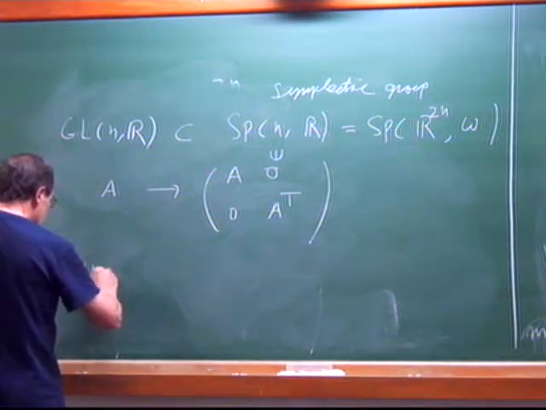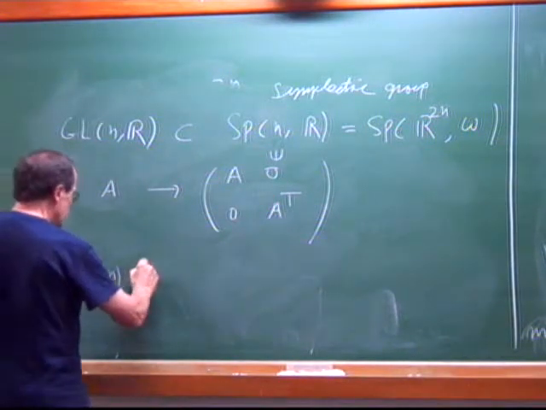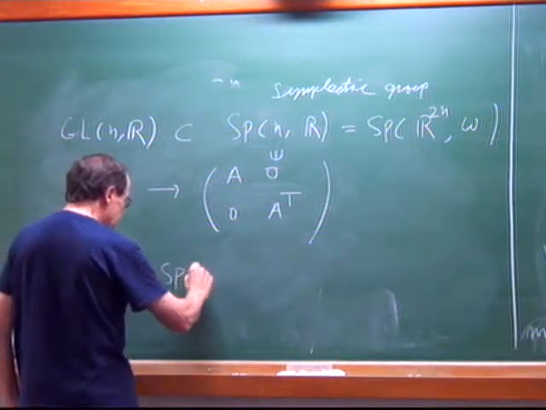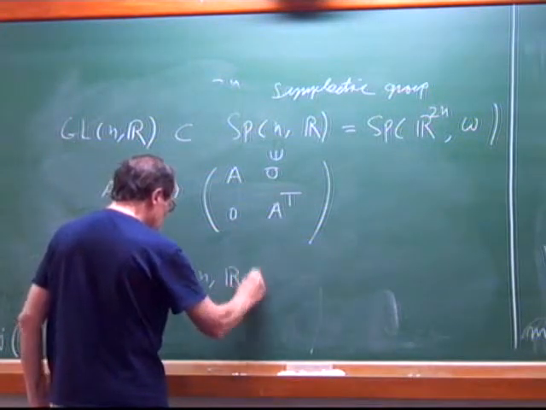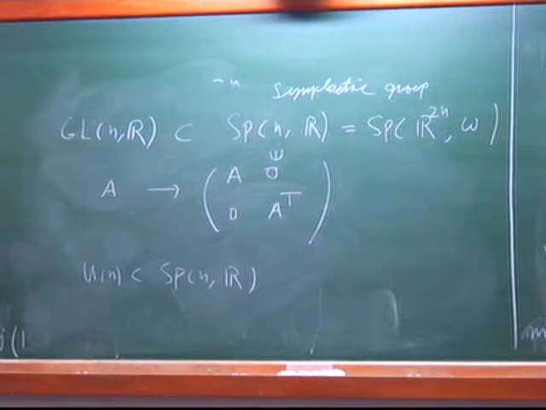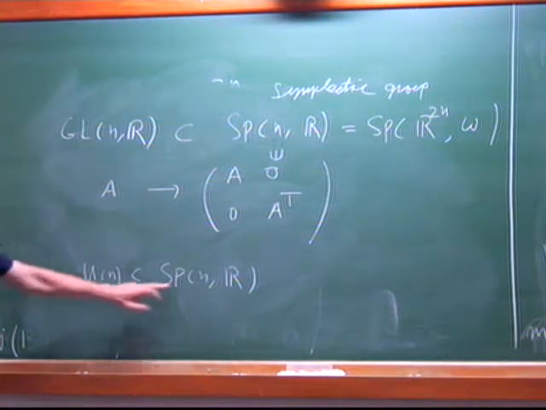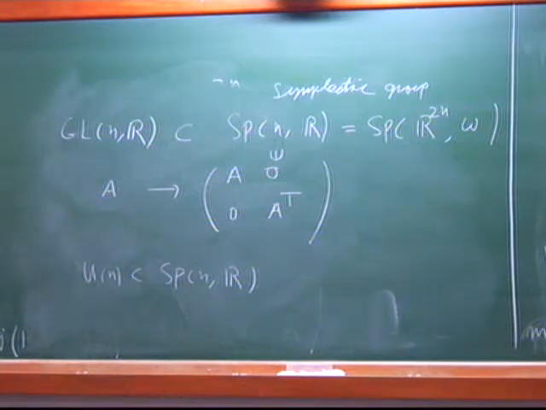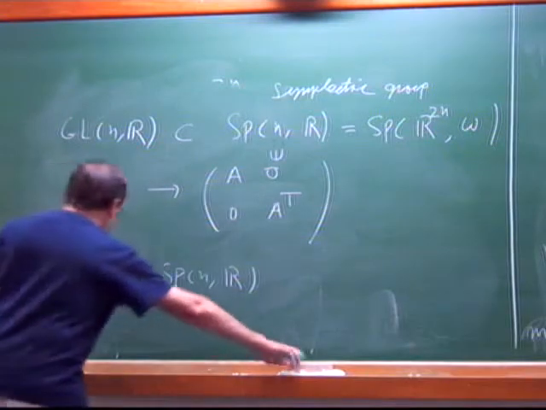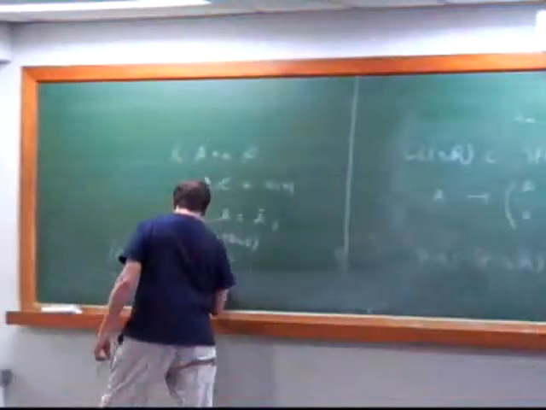What's maybe not so obvious is that U(n) also sits inside Sp_n(R). So there's also a compact group inside the symplectic group. And this is actually very important in symplectic geometry. How does that go? So of course here I'd like to identify again.